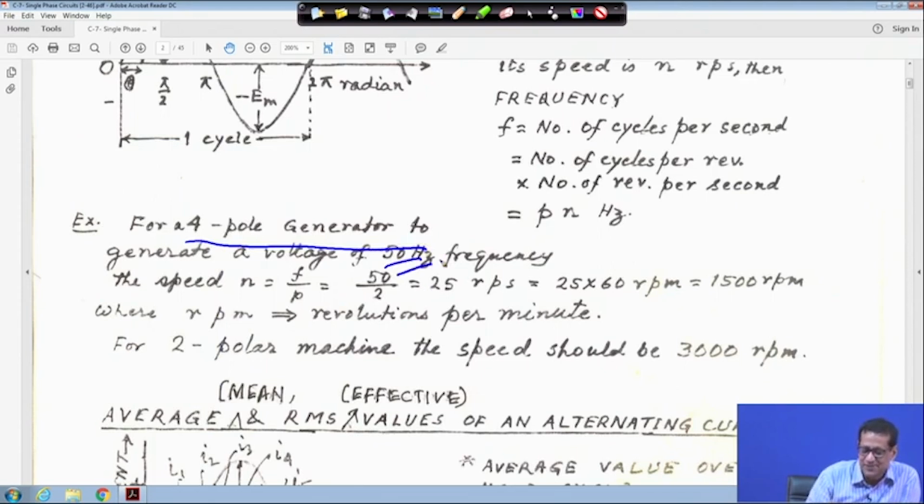The frequency is 50 hertz, say f is equal to 50 hertz. Then n is equal to f by p, because the formula is f is equal to pn.